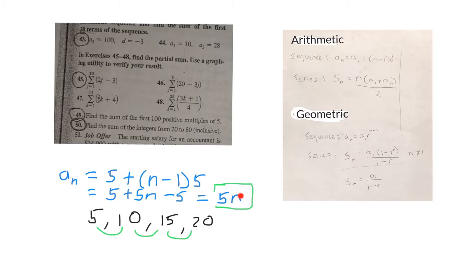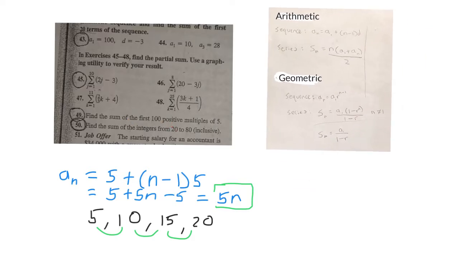All right, so we're going to use this formula, right? They want the sum of the first 100 positive multiples of 5. So let's go ahead and use this formula right here to figure out what the last term would be.